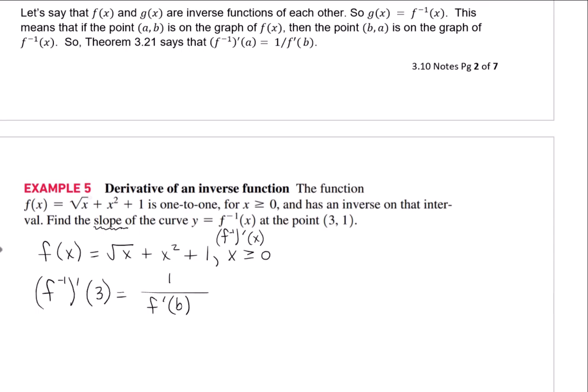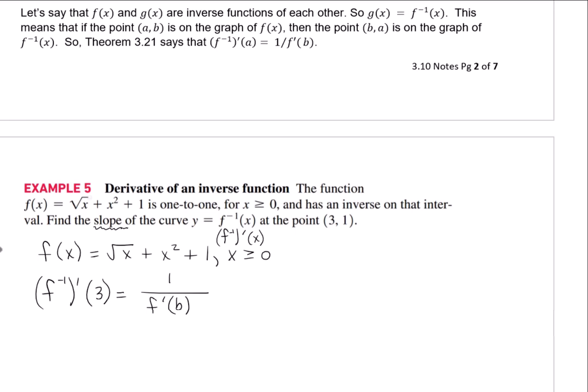So we can get straight to this by just finding the derivative of f. We don't need to find the inverse of f and find the derivative of f inverse of 3.